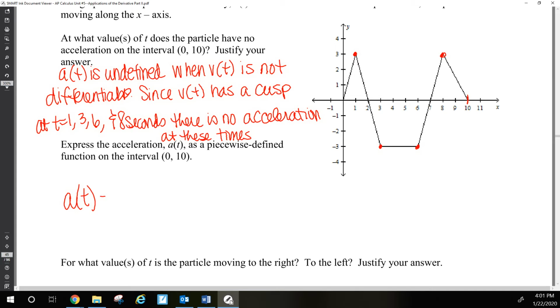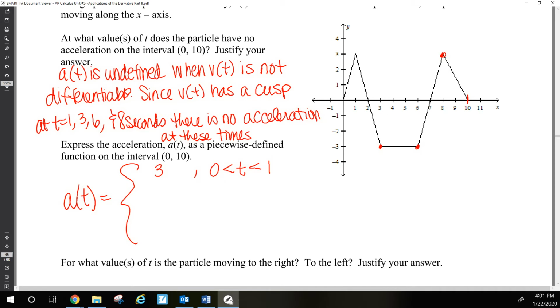So for my acceleration function, let's find the first slope. This guy is going up 3 over 1. So the slope of that tangent line is going to be 3, and that's between t equals 0 and t equals 1. What about for our next segment? We've got between 1 and 3.